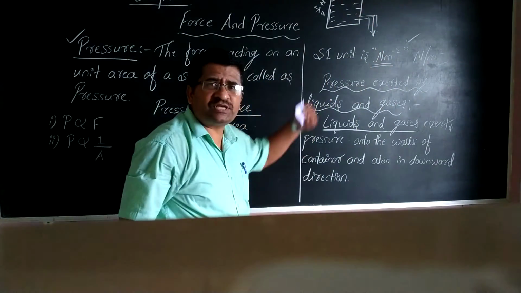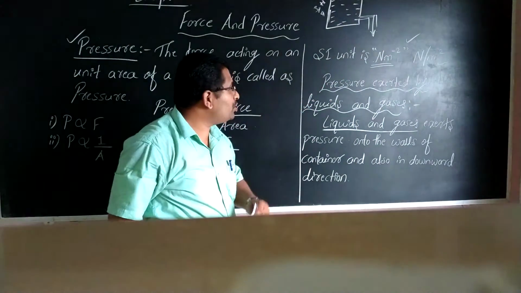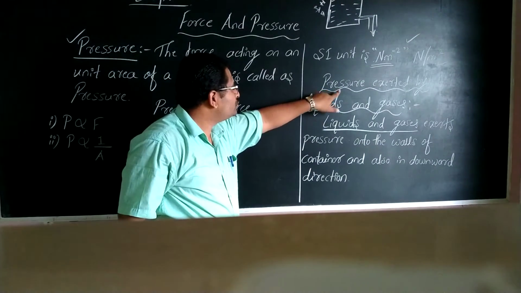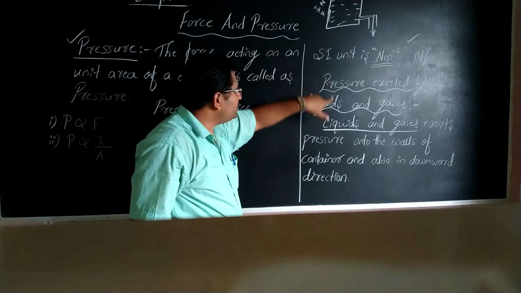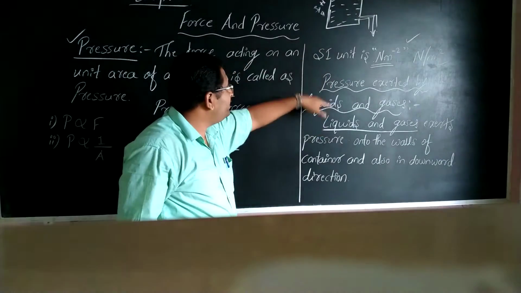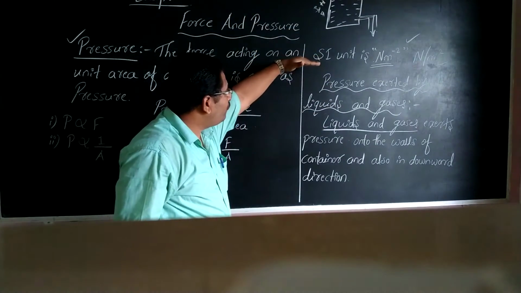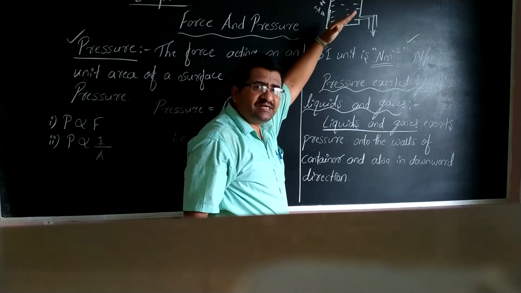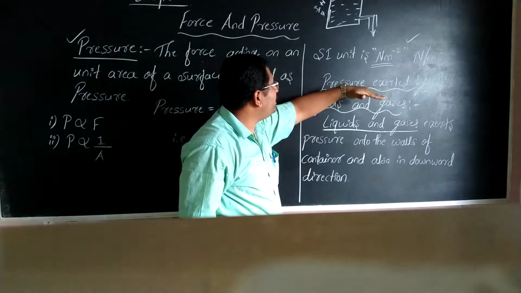No external force is applied on the water; the reason is the pressure. So here the water, a liquid, starts to flow just because it is exerting pressure in the downward direction.